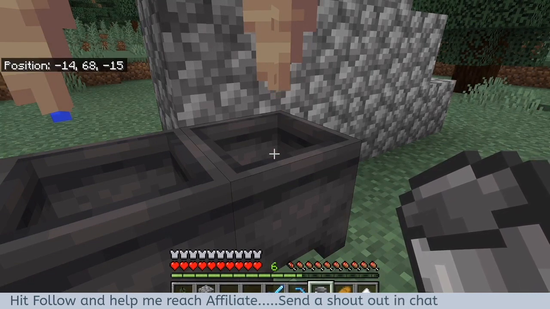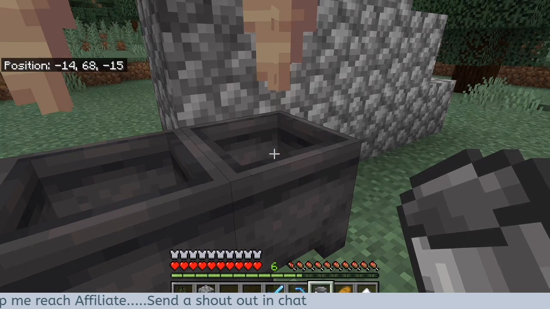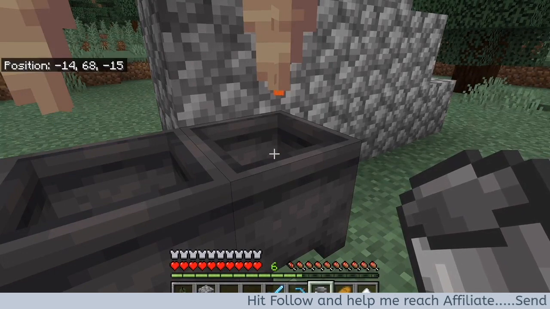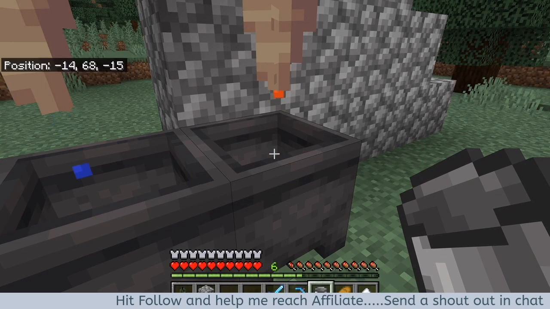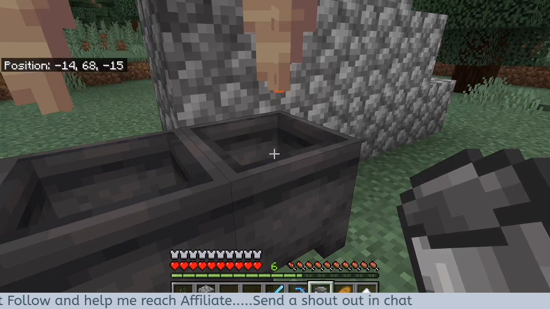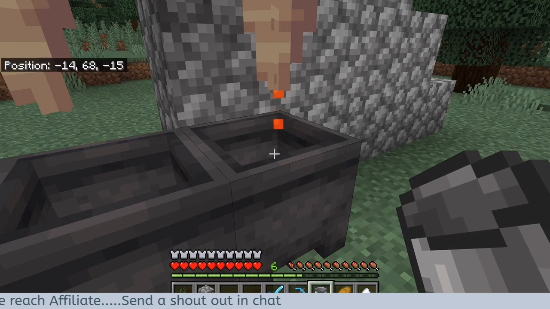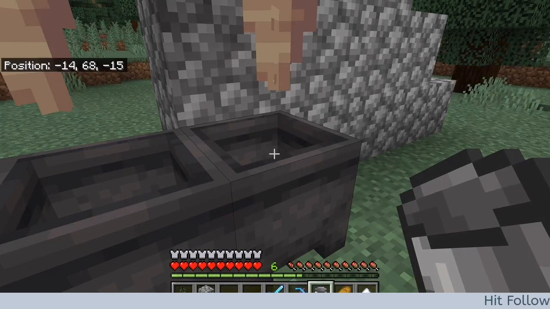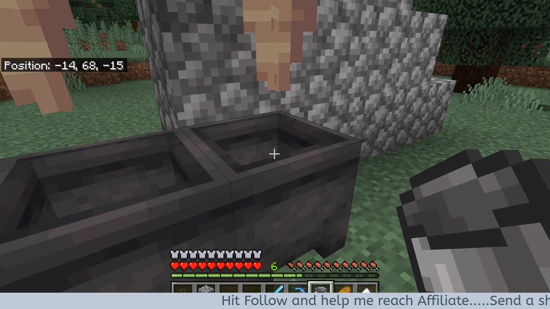I've had setups before where I had a zombie piglin farm, and of course they were dropping nuggets, ingots, flesh. What else do they drop? And then they'll drop swords and that sort of stuff, the gold swords. So I had a sorter built up, and the sorter was separating everything. And what I did was, at the end of the sorter line, so I had my rotten flesh, ingots, and then nuggets all going into chests.